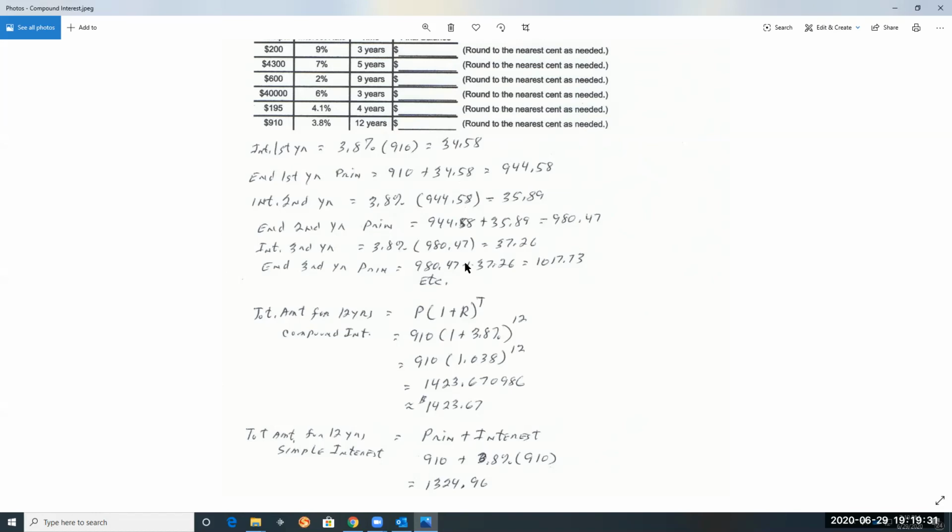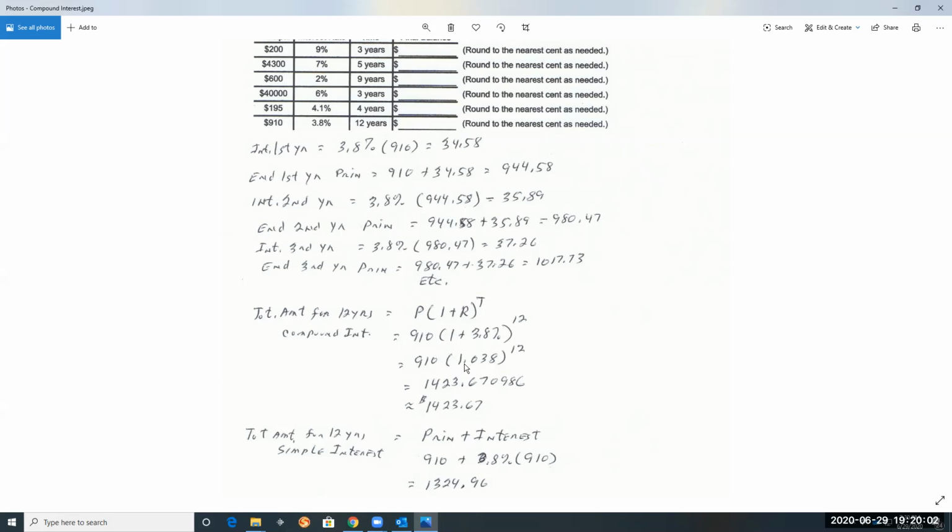We would continuously do this for 12 years to come up with the total amount of money at the end of 12 years. A much easier process is to use this formula: take the principal, multiply by 1 plus the rate of interest, all raised to the amount of time. So the principal is $910, times parentheses 1 plus the rate of interest, 3.8%, raised to the number of years, which is 12.